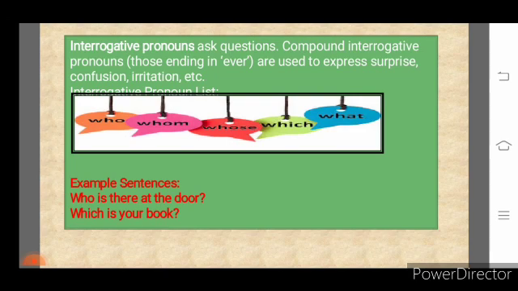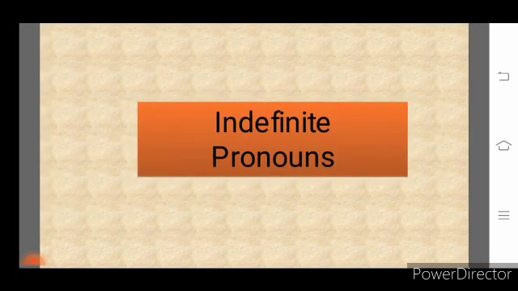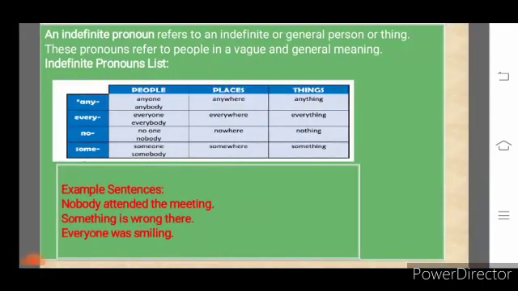Okay, so now let's move forward and learn the next kind of pronoun. So it is indefinite pronoun. Indefinite pronoun refers to an indefinite or general person or thing, means that is not specific. These pronouns refer to people in a vague and general meaning.